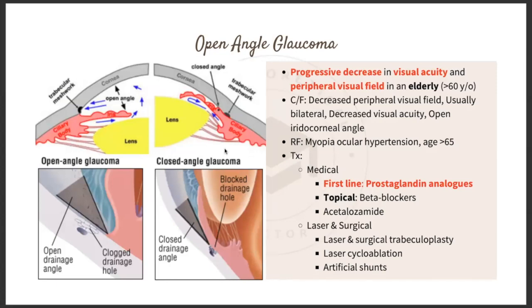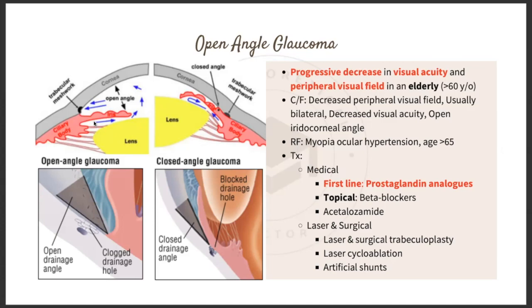This is open angle glaucoma. So remember, I said in closed angle glaucoma, the aqueous humor comes out over here and builds up because the iris blocks the trabecular meshwork. In open angle glaucoma, there is progressive decrease in visual acuity and peripheral visual field, usually in an elderly.